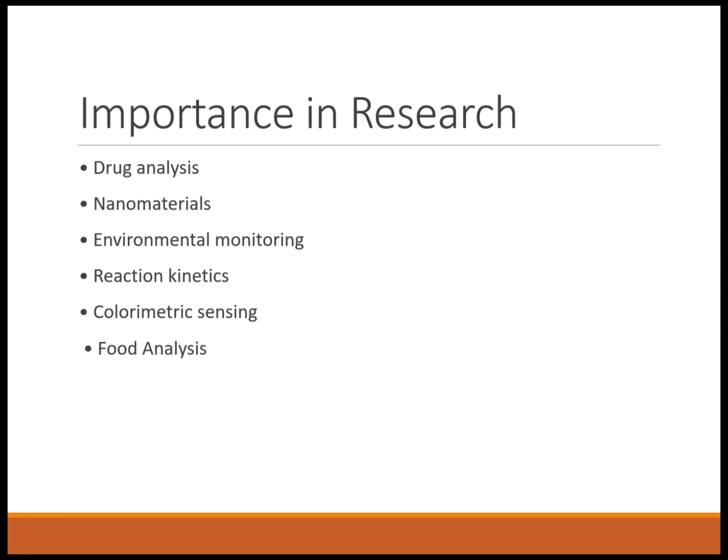UV visible spectroscopy plays a critical role in drug formulation and stability testing, nanoparticle characterization, determination of pollutant concentrations, reaction kinetics and mechanism studies, colorimetric sensing and biosensing, food analysis and industrial quality control.